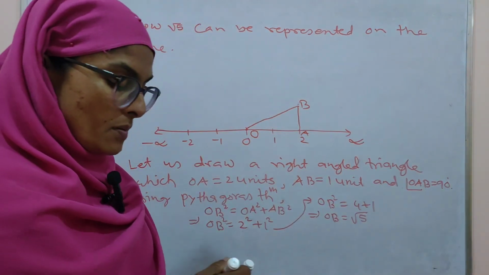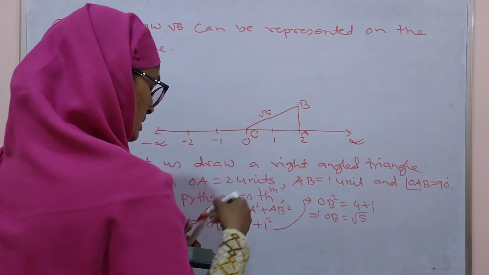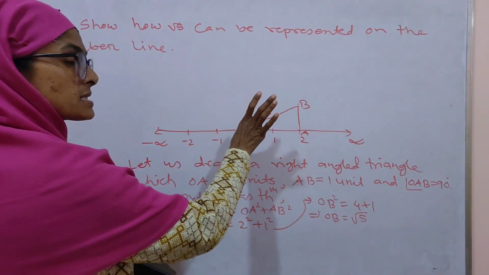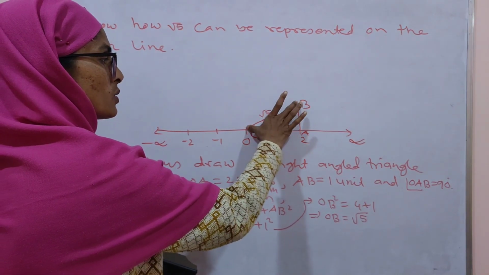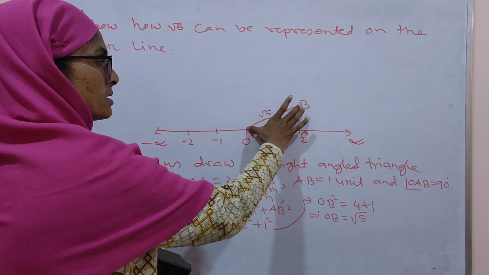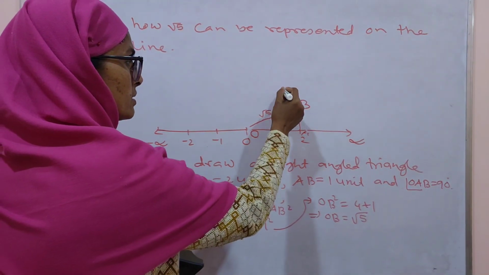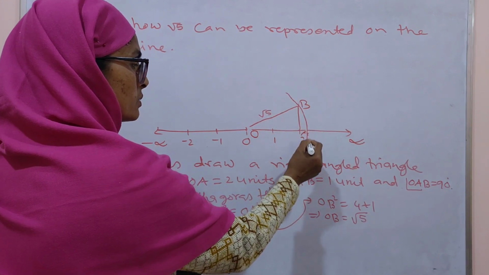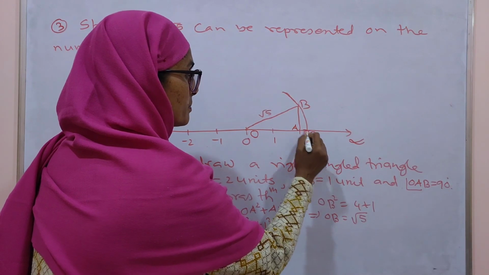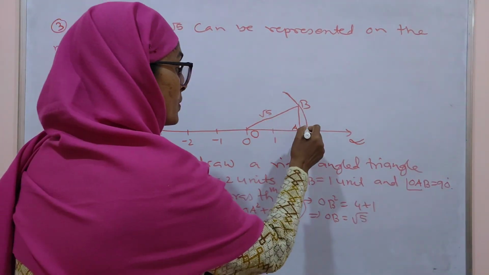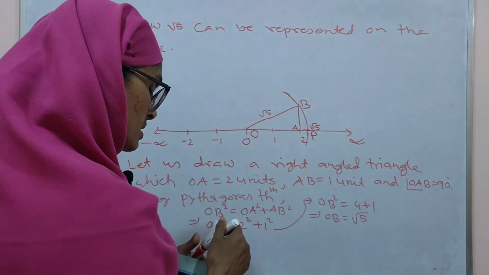Now same as root 2, for root 5, taking O as center and OB as radius, you have to draw an arc with the compass. This point P is the point root 5 on the number line.